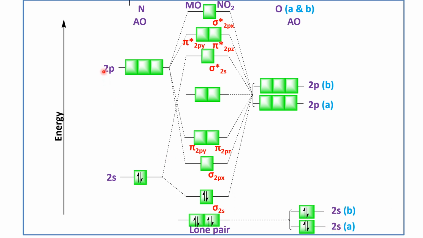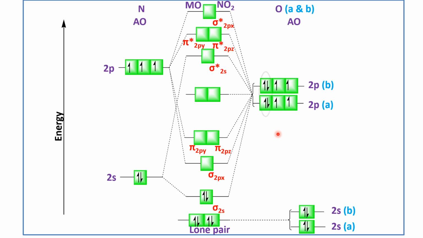Then let's move to the 2p. The 2p of nitrogen consists of the first electron, second electron, and third electron. Whereas for the 2p of the first oxygen, there are the first, second, third electrons, and the fourth electron is paired. Again for the second oxygen, the first, second, third, and fourth electrons.